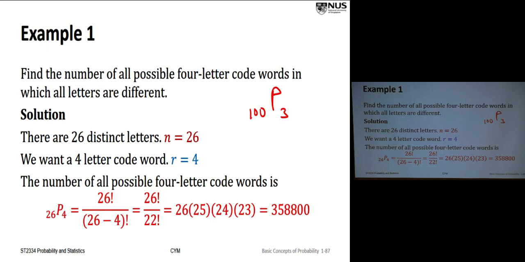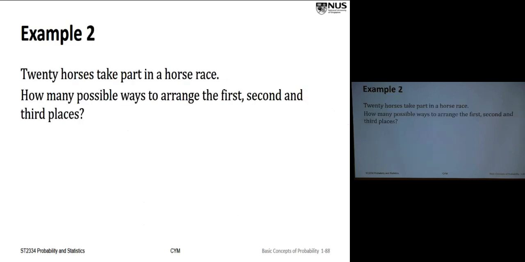So my point is, don't blindly apply. This is supposed to equal 100 factorial over 100 minus 3 factorial, in other words, 100 factorial over 97 factorial.